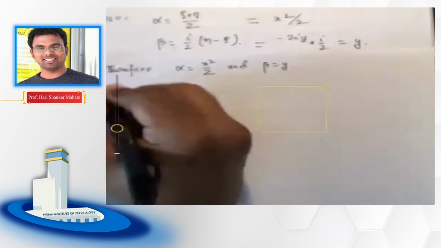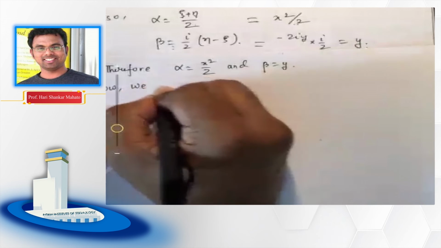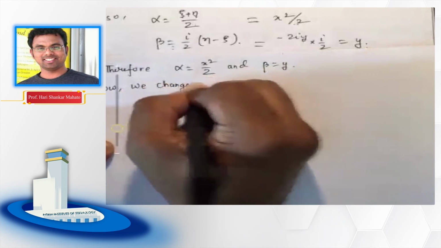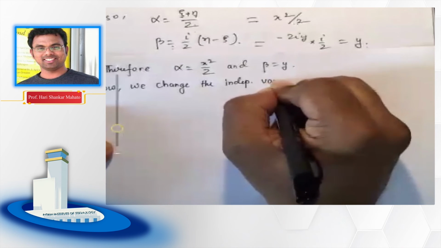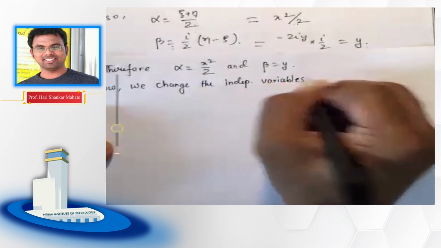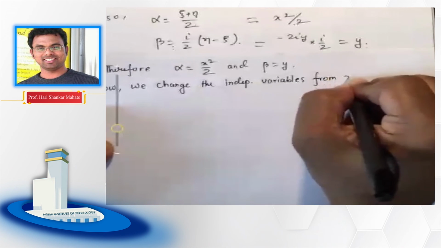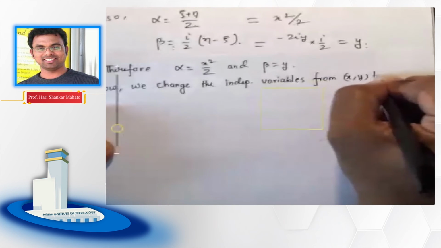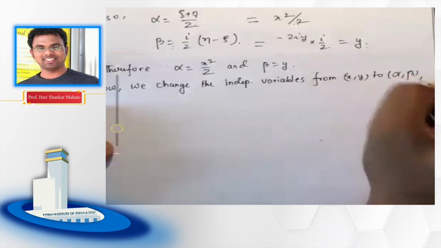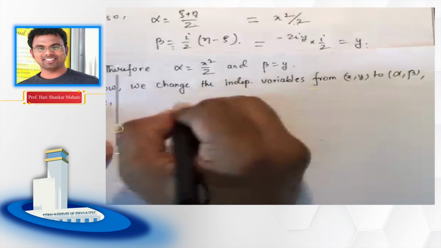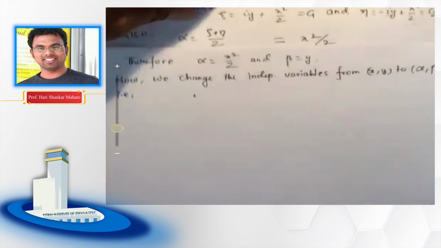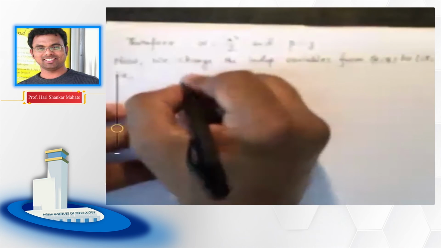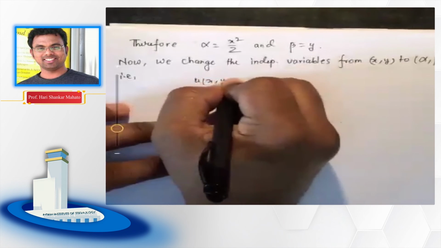So now we change the independent variables from x, y to alpha, beta. That is, we are doing u of x, y equals u of alpha, beta.